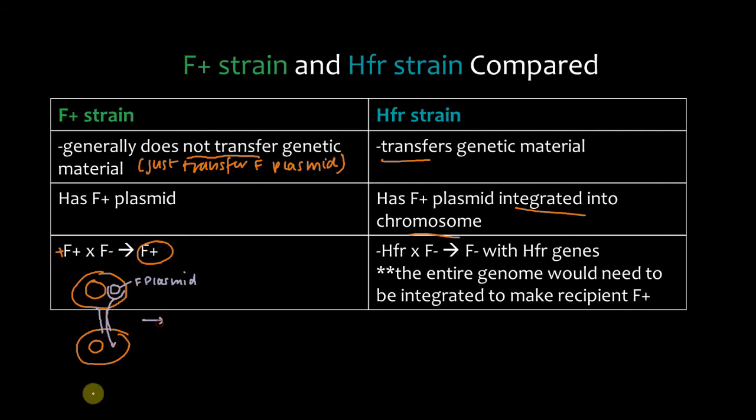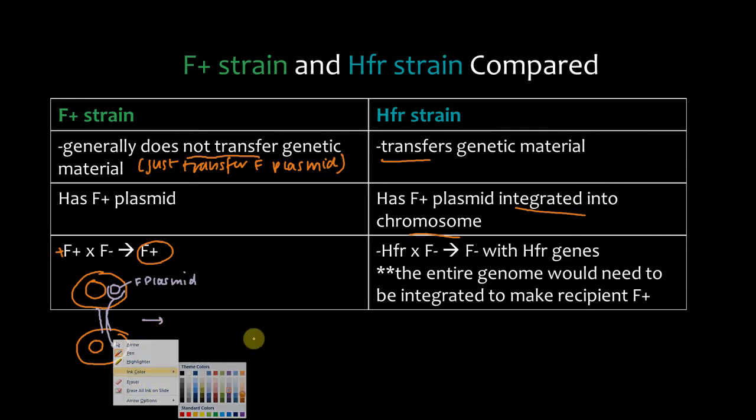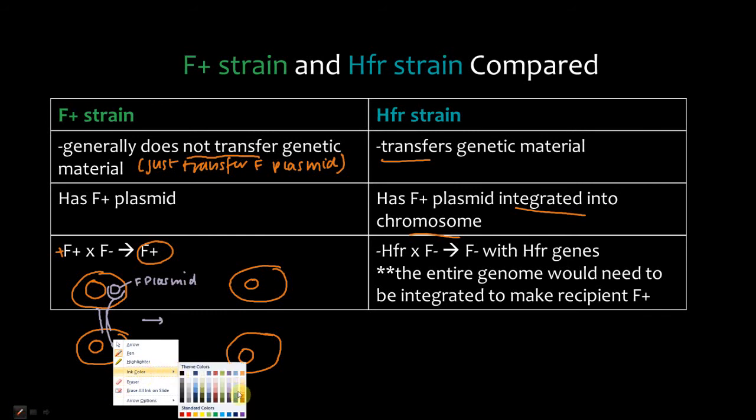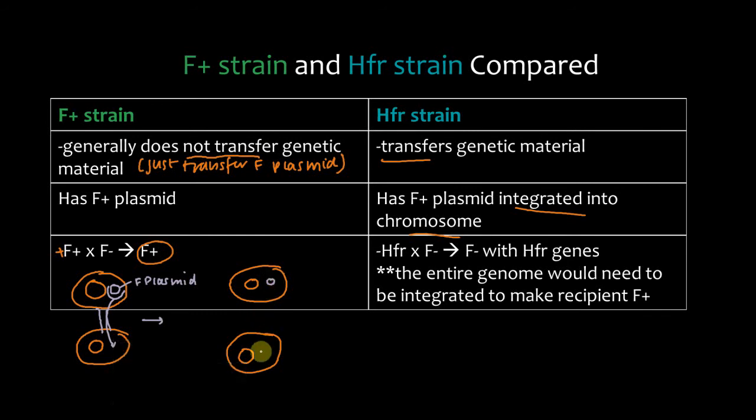So we're left at the end of the day with, let's try this again. Now we have two bacteria, both of which have F plasmids. And then we're left with two F plus bacteria, where this one was F plus, and this one was F minus.